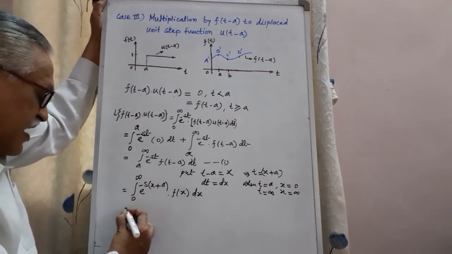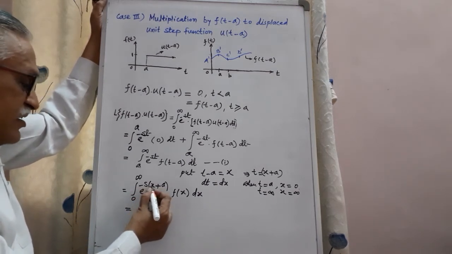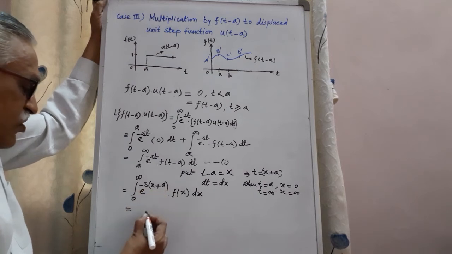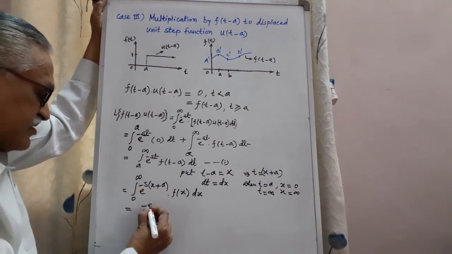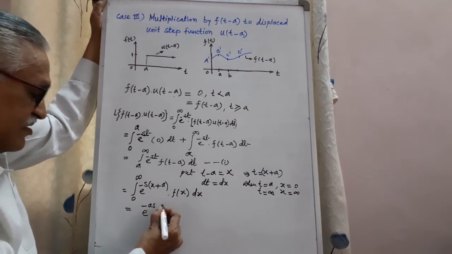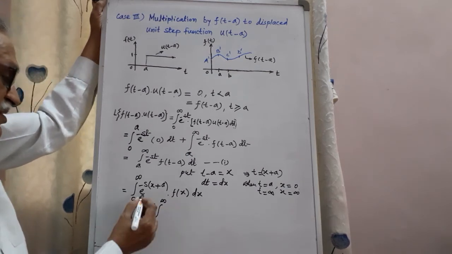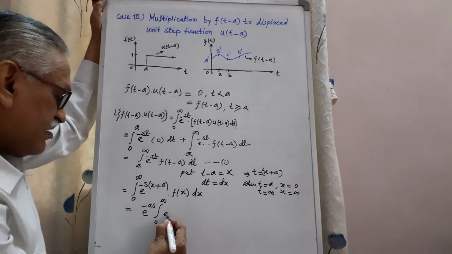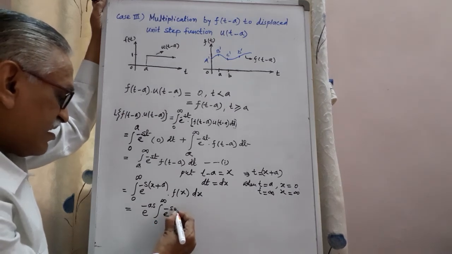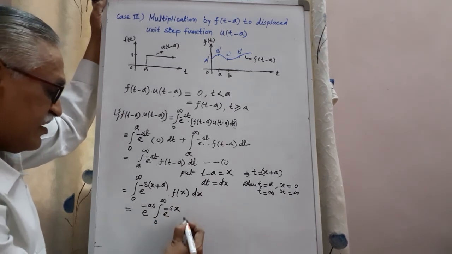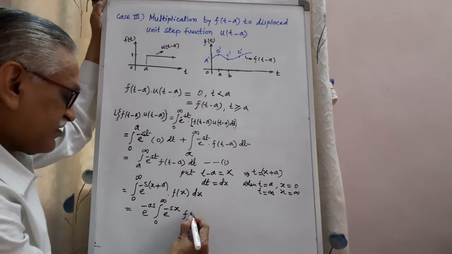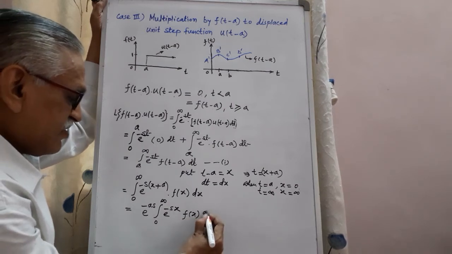We can split this as e raised to minus as, a constant term, which I can take outside the integral sign, and the remaining integral from 0 to infinity of e raised to minus sx into f of x dx.